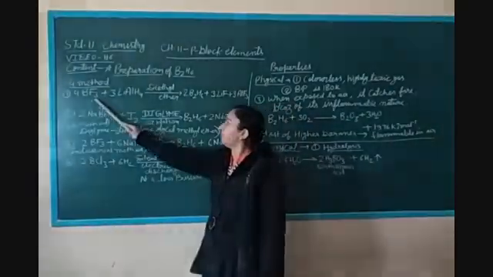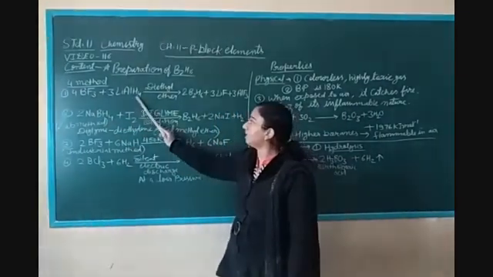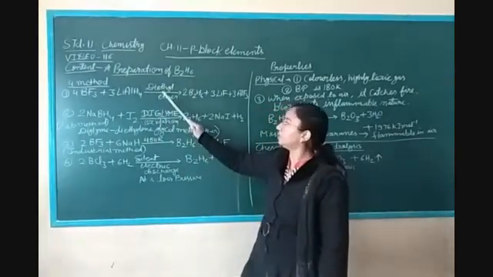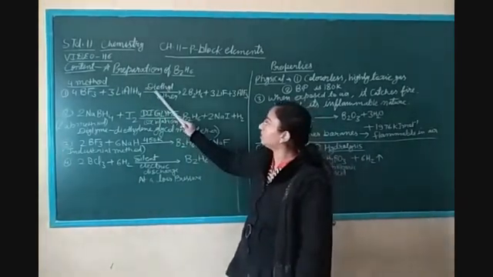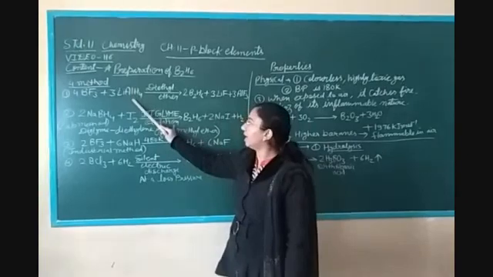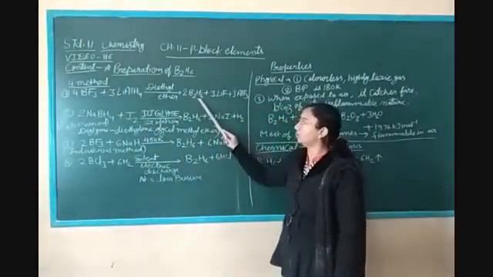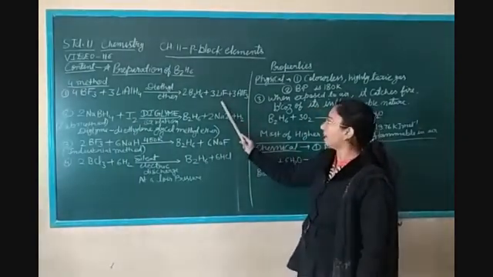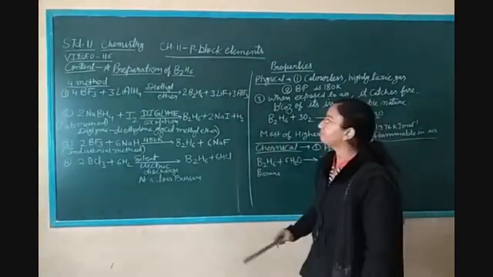BF3, boron trifluoride, reacts with lithium aluminum hydride LiAlH4 in the presence of diethyl ether, which we use as a catalyst. So it is converted to diborane B2H6, and the remaining products are LiF, lithium fluoride, and aluminum trifluoride.